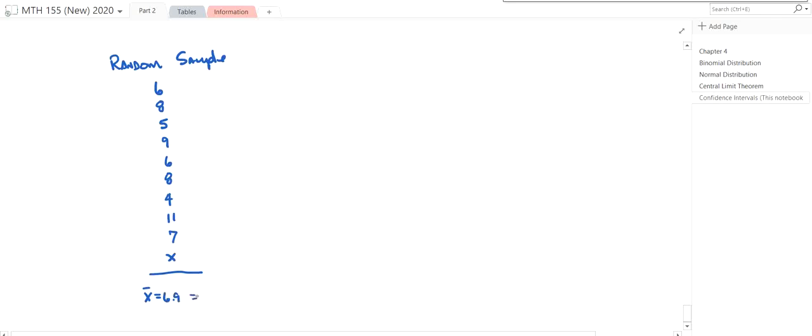So if I were to sum all these up, then they would need to equal 69 here, because I have 10 of them. So 69 divided by 10 equals 6.9. So I know this value of 69. I know these 9 values, but what I don't know is this value. But this value is dependent on all these other values.